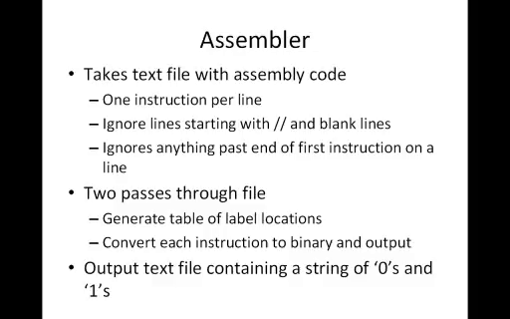It works by passing over the text file containing the assembly code twice: the first pass determines the locations for branching instructions, the destinations of the labels, and the second pass actually converts each instruction one by one to a binary file and outputs it.